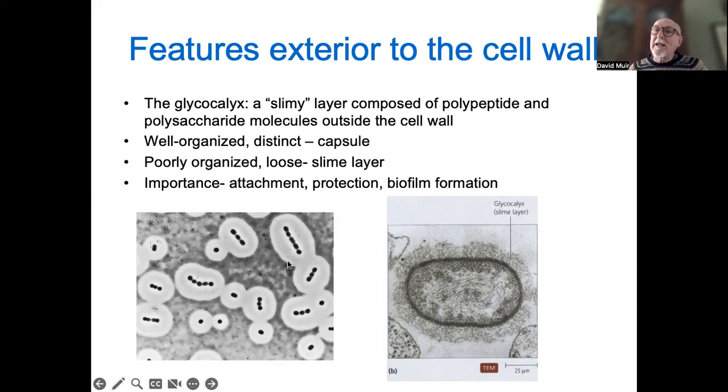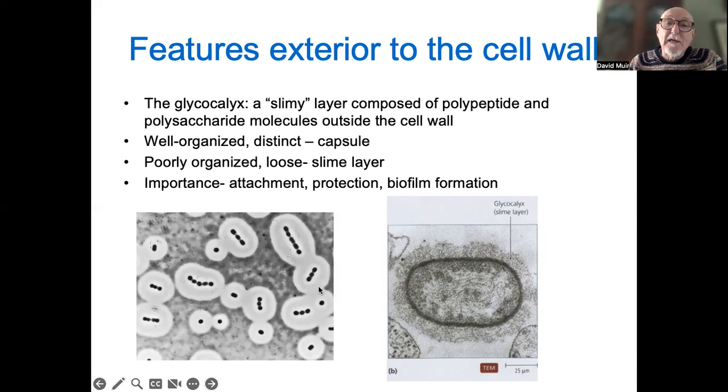Now, the glycocalyx has many different functions. The first important function is it does provide some protection to the cells on the interior. It does shield the cells, for example, from attack by immune molecules, and in fact, from recognition by the cells of the immune system in vertebrates.